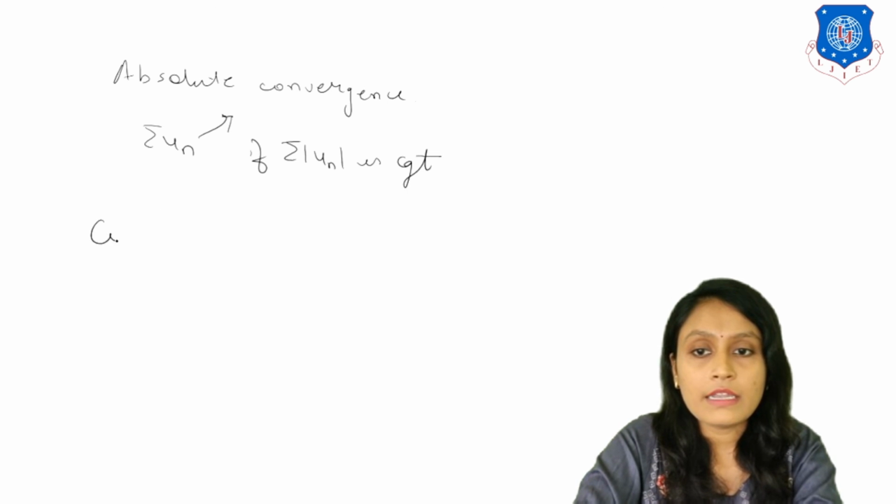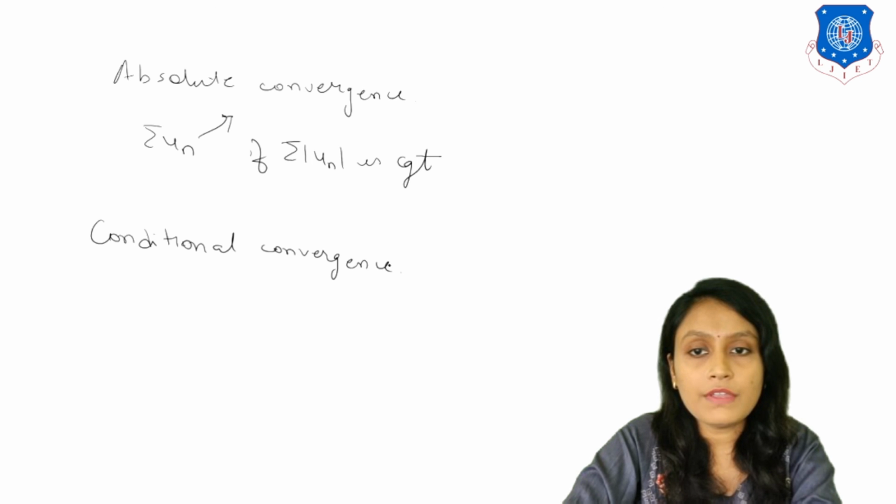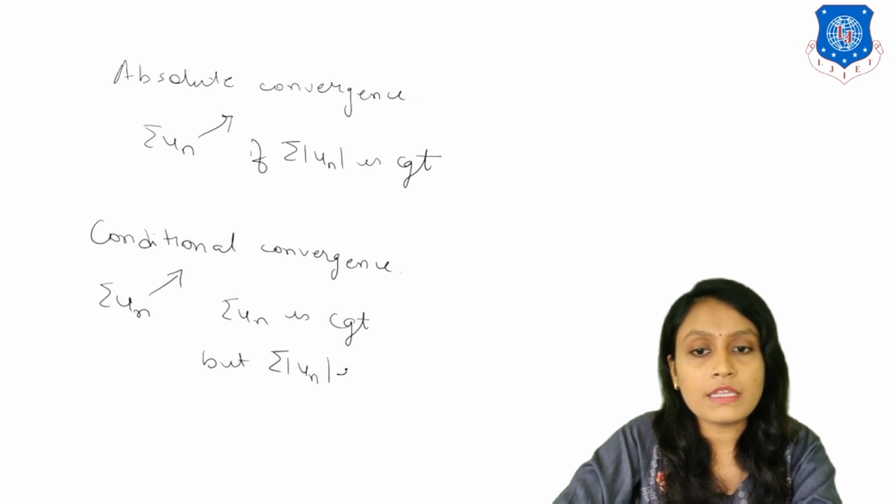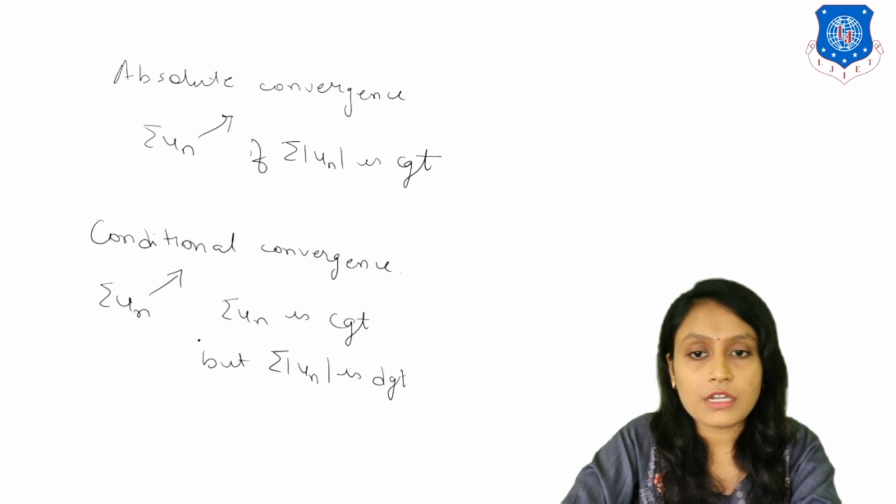Okay, and next we studied conditional convergence. Here we can say that series un is conditionally convergent if series un is convergent, right? But series mod un is divergent. Okay, then we can say that it is conditional convergence.